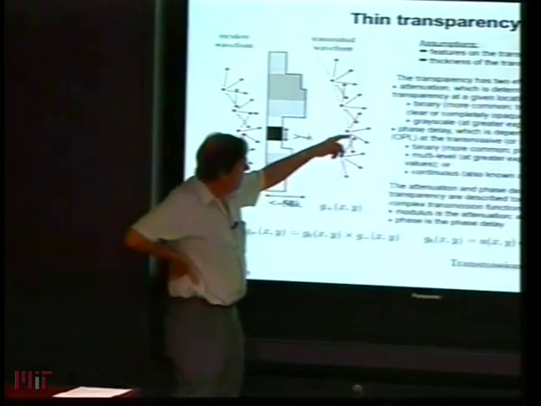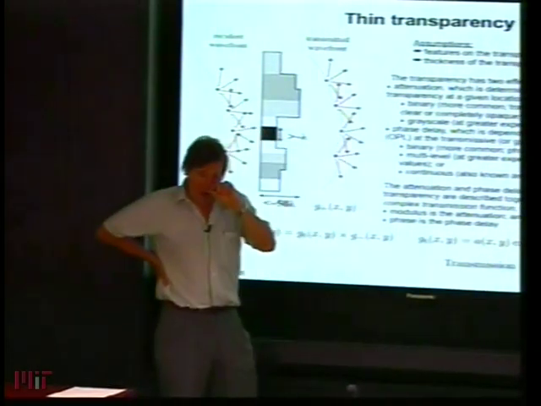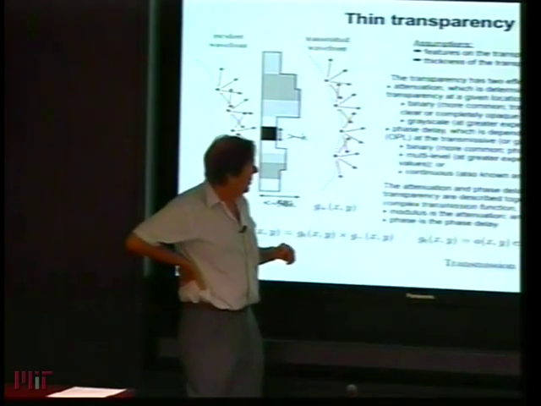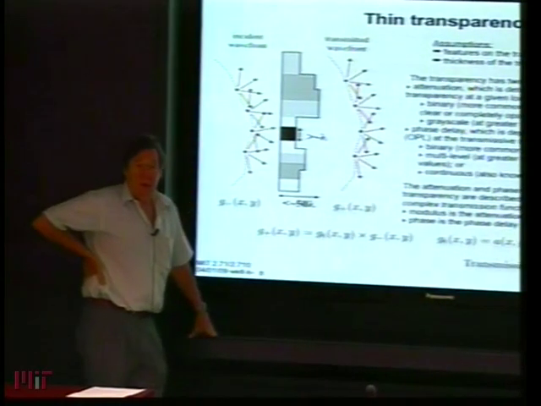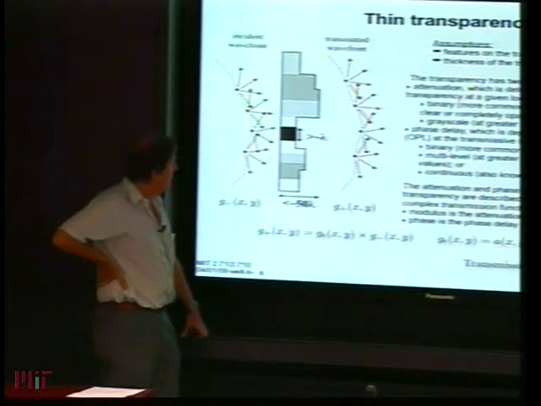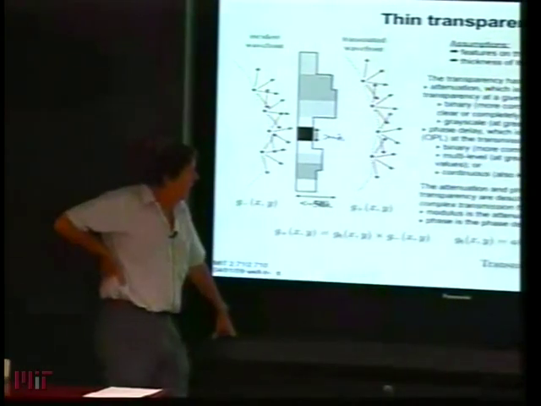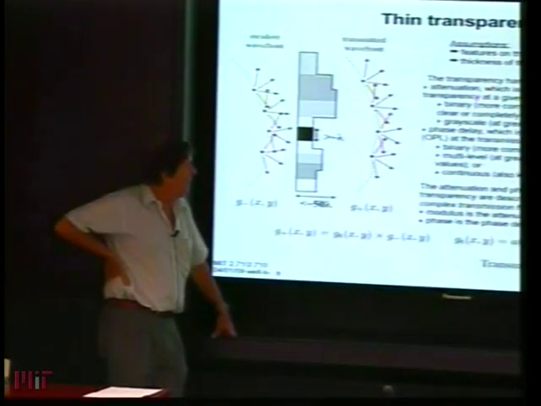As it points out here, in some cases, you might be able to think of these quantities, the attenuation and the phase delay, as being binary quantities. They might only have two different values, for example. You might have black and white, or they might be grayscale type, continuously varying quantities.